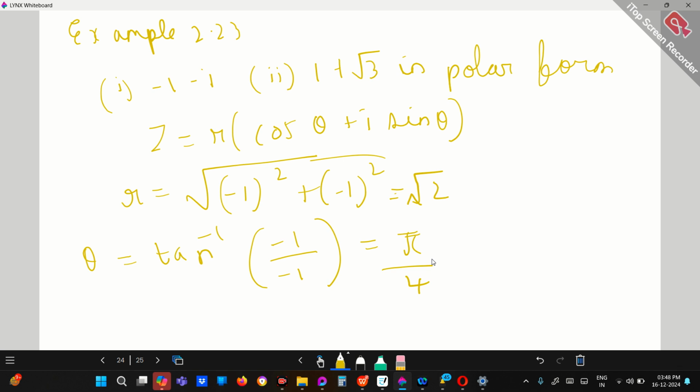What I was trying to say is pi by 4, but we also have to consider in which quadrant it lies, right?